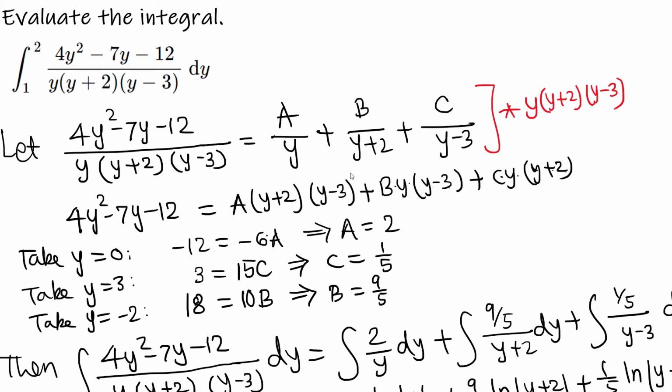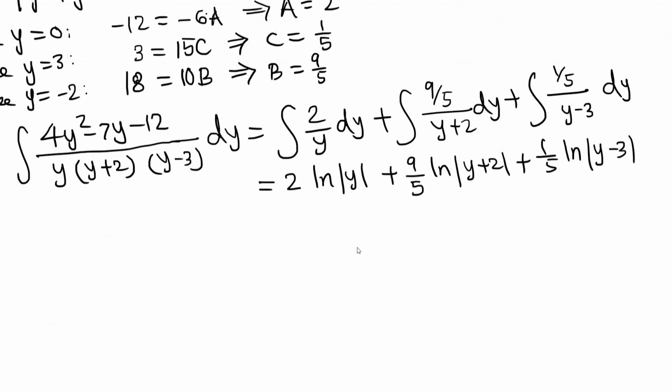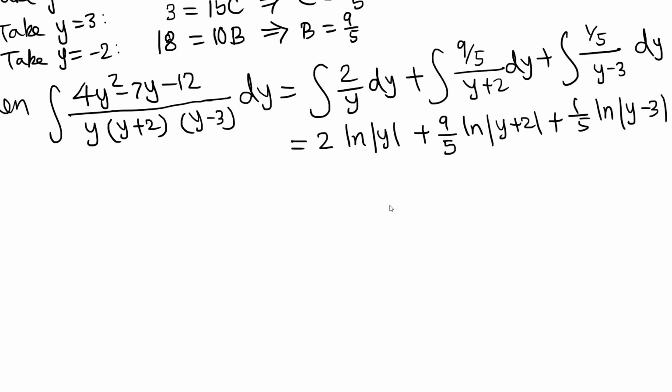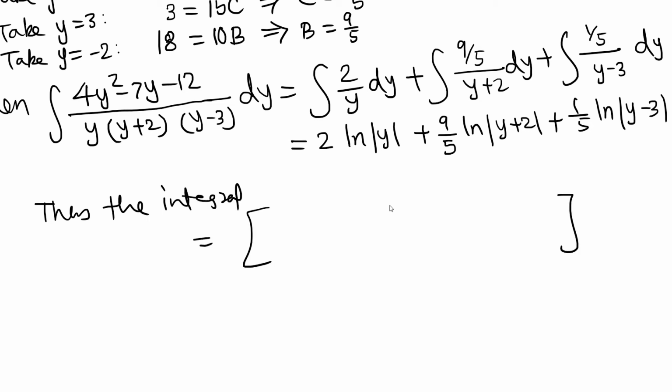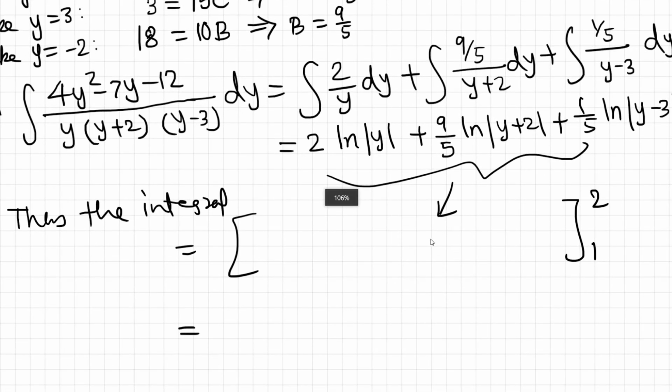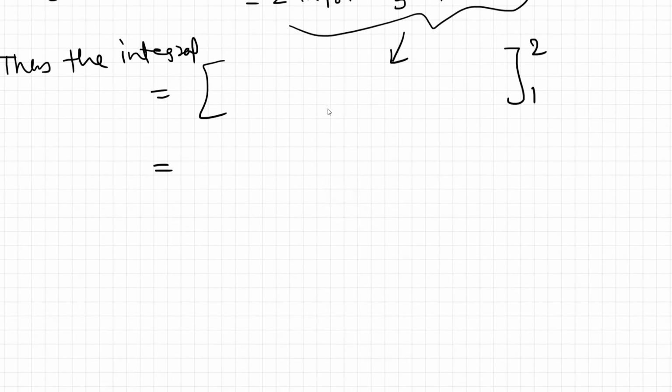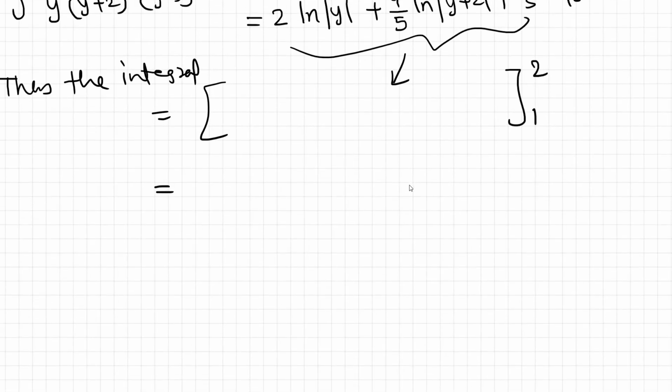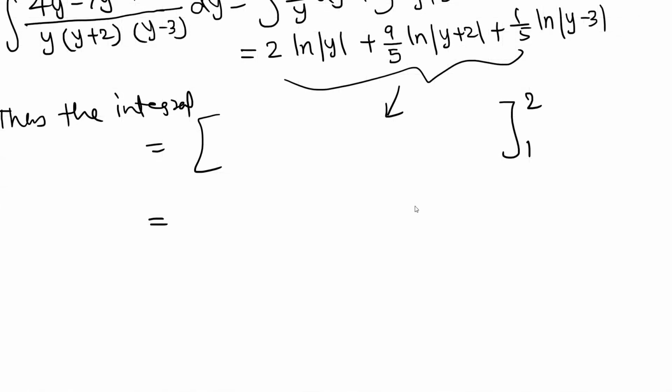Now let's evaluate the limits. Thus the final integral equals, we just want to go from 1 through 2 of this. That is, first we plug in y equals 2, then we plug in y equals 1.